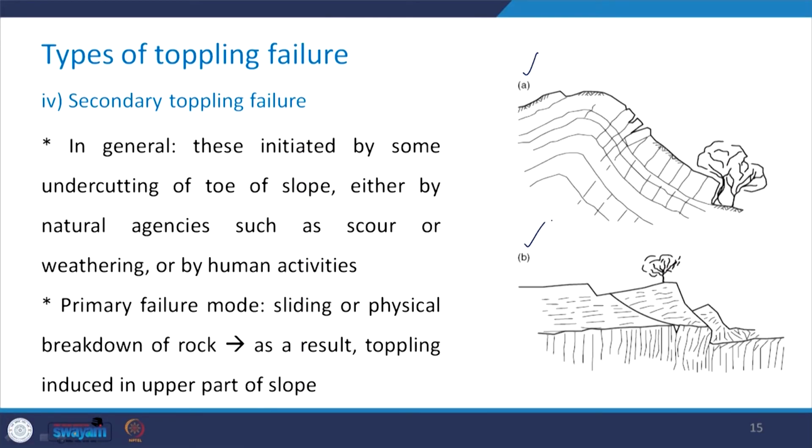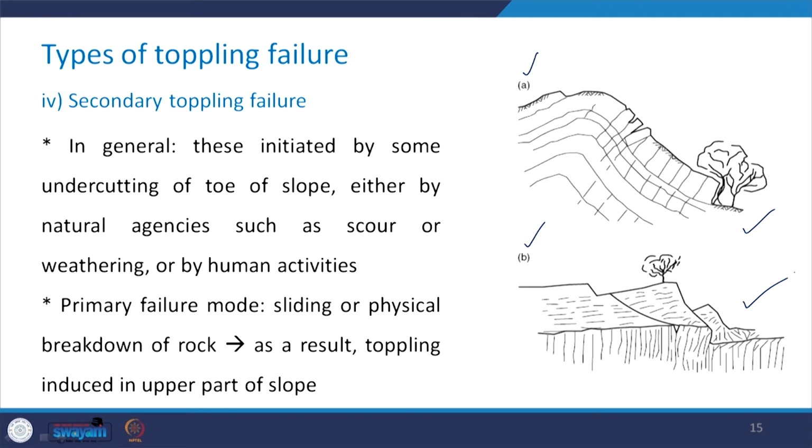So, I have here A and B which I explained to you earlier. In general these kinds of toppling failure are initiated by some undercutting of the toe of the slope, either by natural agencies such as scour or weathering, or by some human activities.